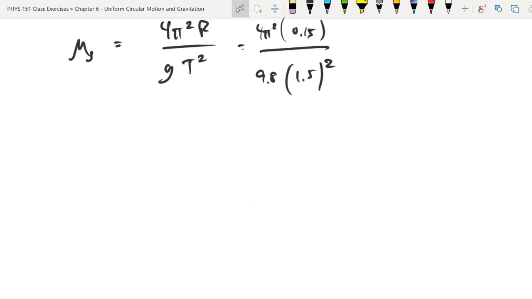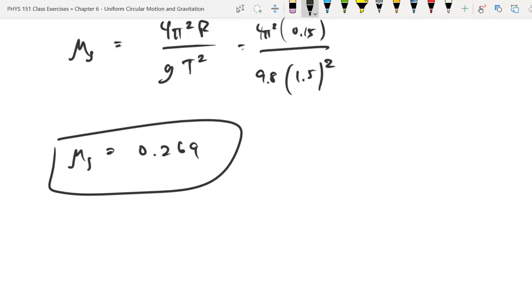And this comes out to a coefficient of static friction of 0.269, which seems quite reasonable based on the coefficients of static friction we've used for things in previous problems.